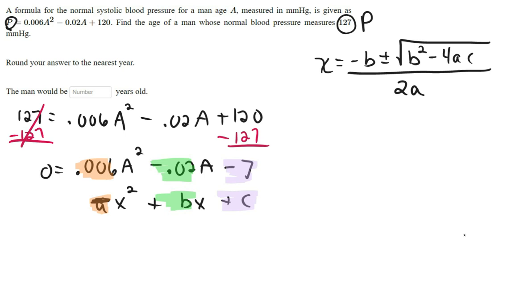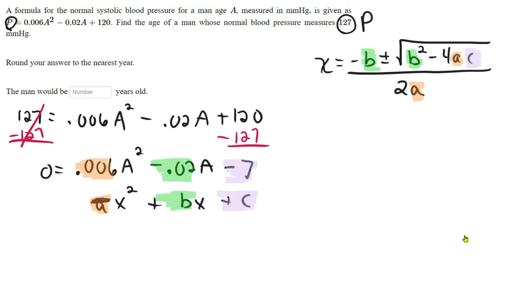And then all you have to do is, everywhere there's a c, and there's only one c in here, you'll put the negative 7 there. And for the b, there's a b here and a b there, so you'll put the negative 0.02. And for the a, there's an a here and an a there, you'll plug in the 0.006.